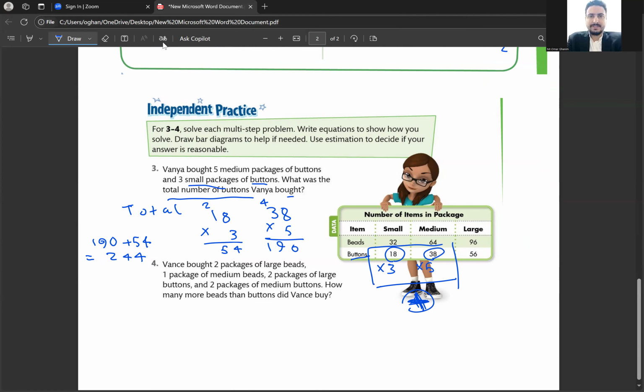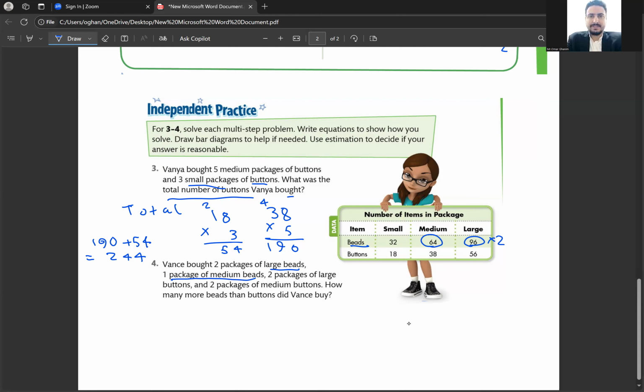Okay. Now let's erase that part. Now Vanya bought 2 packages of large beads. 2 packages of beads are here. Large 2 means multiply by 2. 1 package of medium beads.